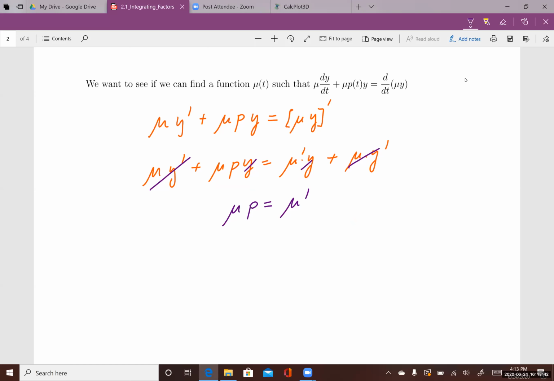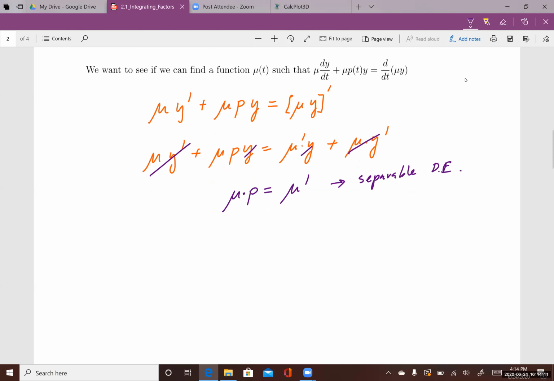At this point, since this is a differential equation of mu, in terms of mu and a function p of t, and since you have a product here, you can remind yourself, okay, this is a separable differential equation.